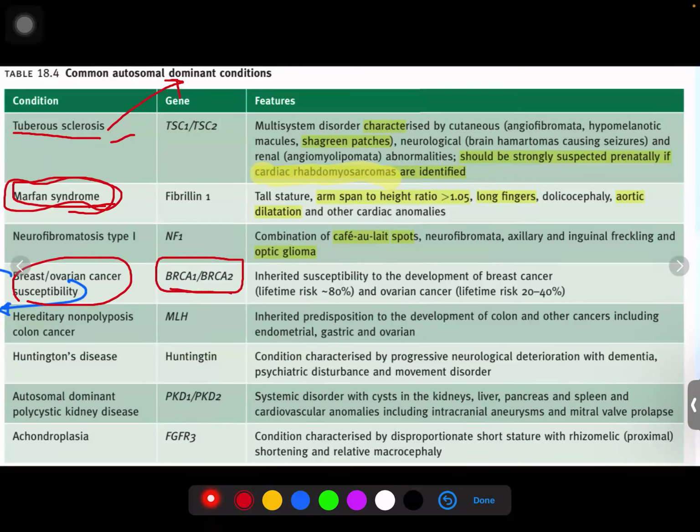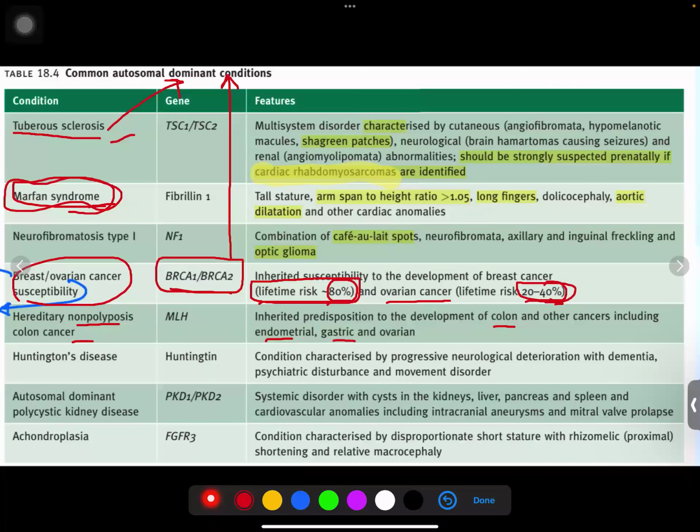Mostly they ask about the inheritance pattern of BRCA1 and BRCA2, and another important thing is this percentage: the lifetime risk of breast cancer with BRCA positive, and the lifetime risk of ovarian cancer with BRCA positive. So roughly it is 20 to 40, doubled for breast cancer, and 40% for ovarian cancer. Okay. Then this is HNPCC, for colon cancer, endometrial, gastric, ovarian.